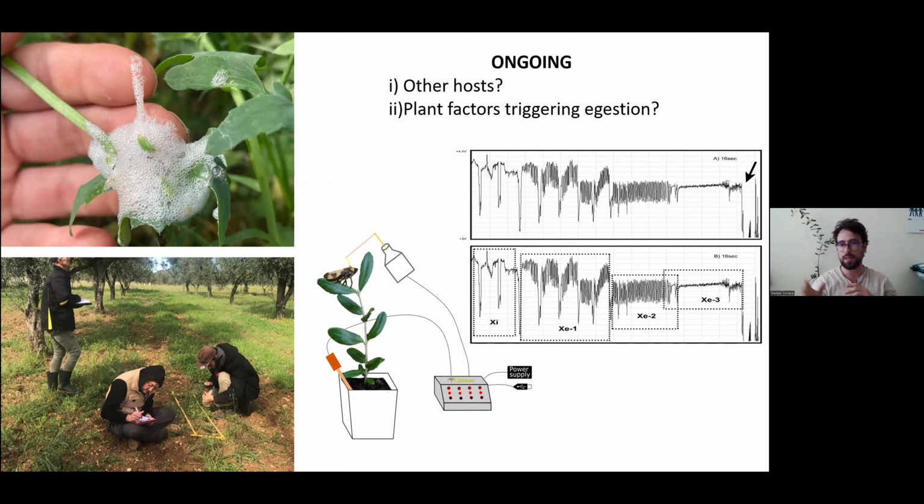We are carrying out an experiment on herbaceous hosts using infective individuals, so Philaenus spumarius with Xylella fastidiosa, followed by extraction of the xylem sap and characterization of the metabolome, to see whether the egestion behavior, so the inoculation of Xylella fastidiosa, is triggered or not by specific metabolites or combinations of metabolites in the plant. Obviously, we will keep you posted about all of these activities.